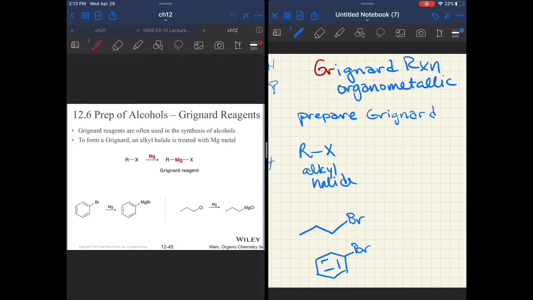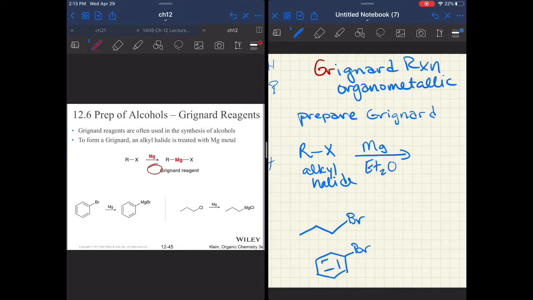And all you have to do is just introduce magnesium. Now, you may see a solvent, you may not. Notice they're not putting a solvent here. But if you do see a solvent, it'll be something like ether. So 2 ethyl groups on either side of an oxygen. That's going to be really important. We will talk about solvent choice as we move along.